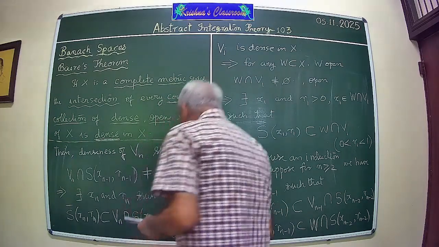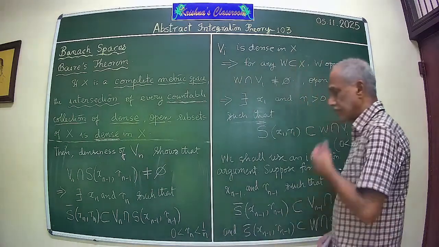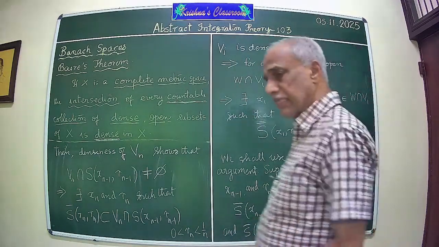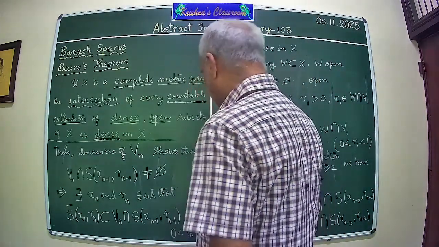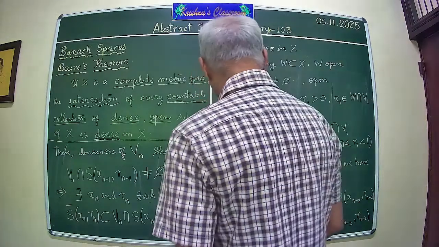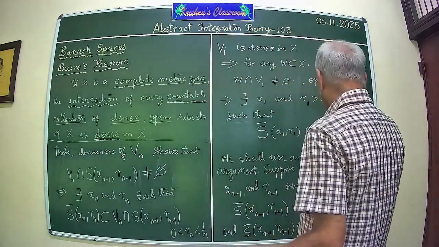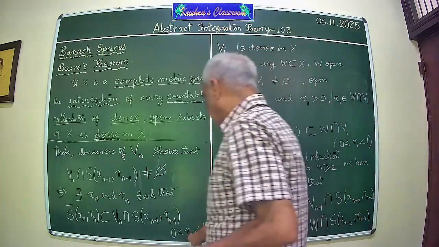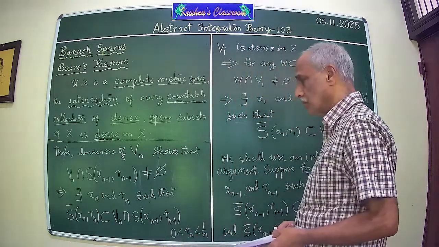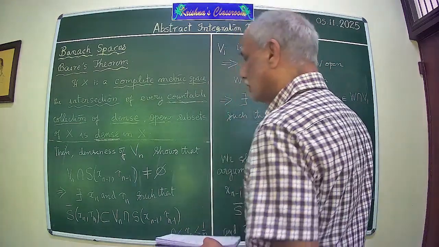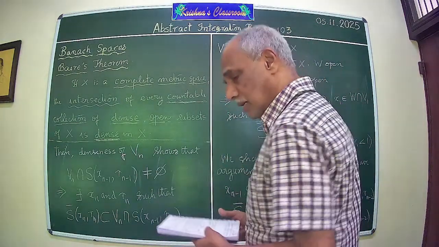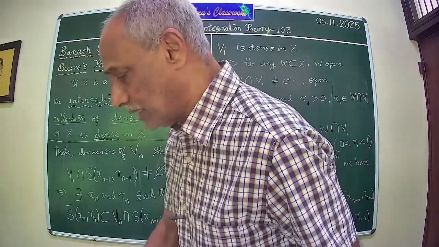Now we can choose the rn in such a way that rn is positive and less than 1 by n. So we started with r1 less than 1. We have rn less than 1 by n. So you see what we are doing is we are having a situation like this.